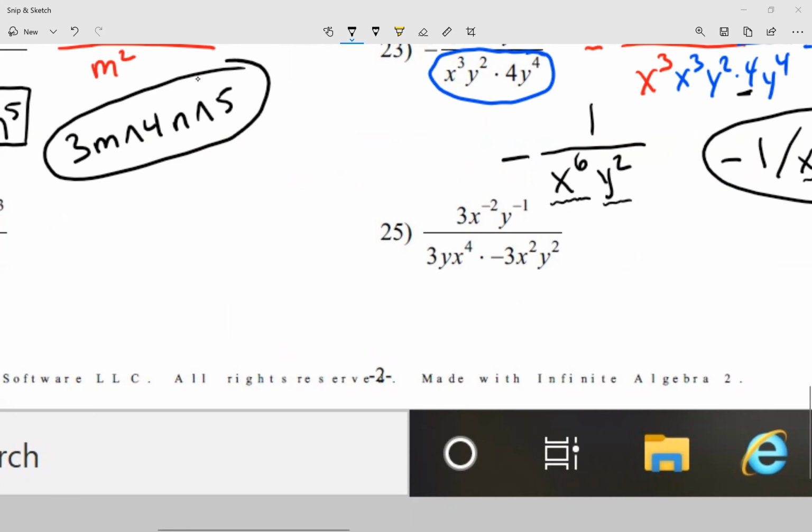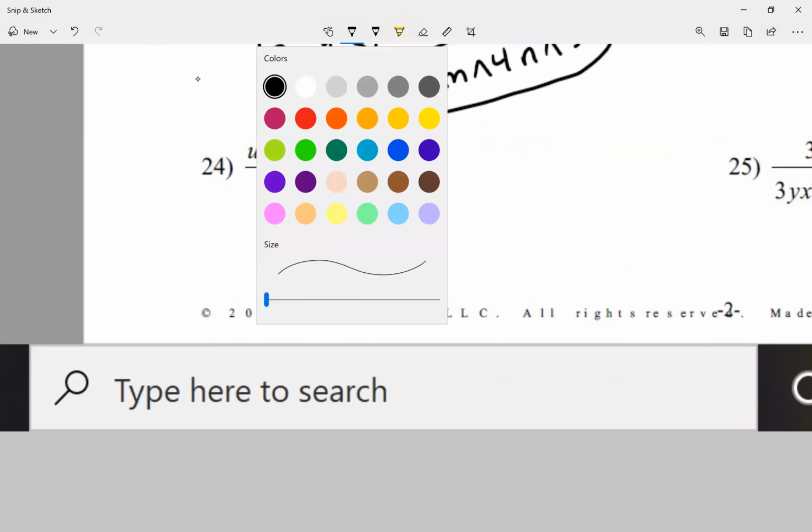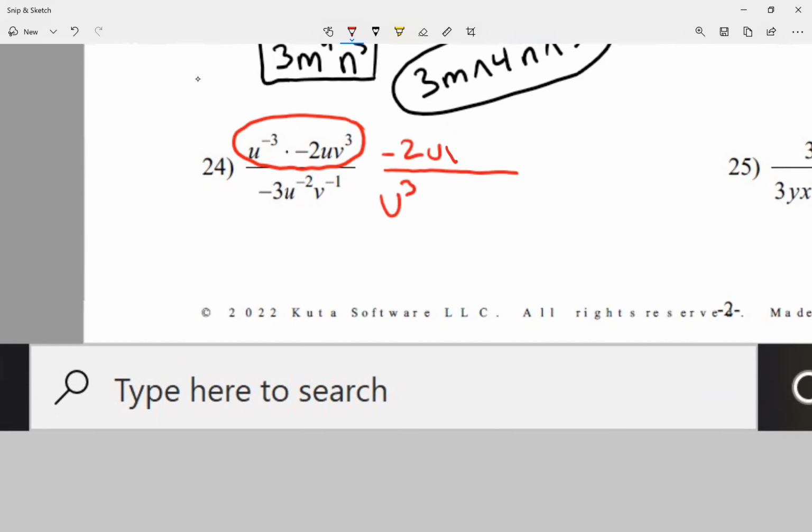Okay. Now looking at number 24. Again, right now I'm just focusing on any negative exponents. So I'm just focusing on the top. If I see anything with a negative exponent, I bring it to the other side. So u to the third, I bring it to the bottom. I keep the -2, I keep a u and a v to the third. Right? The -2 is a negative number, but it's a positive exponent.